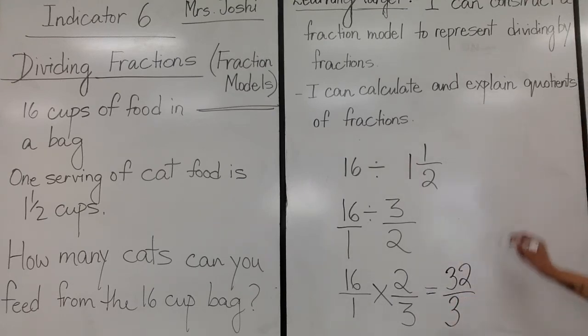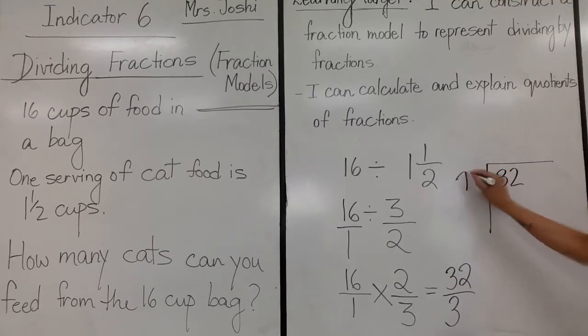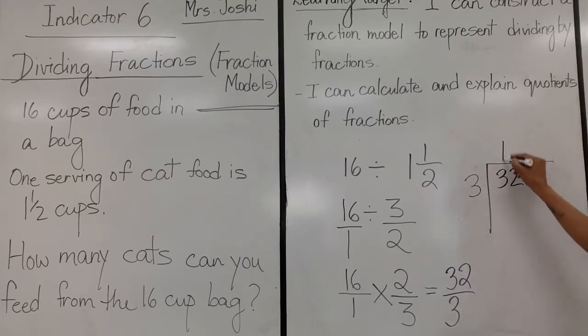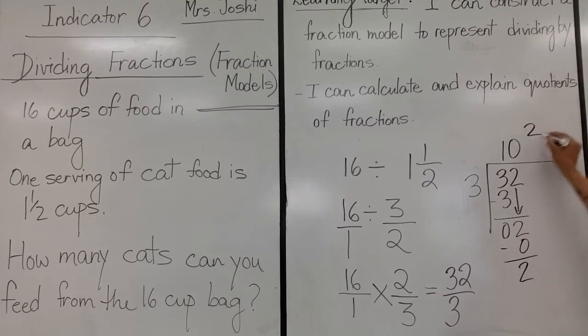And when I change this to a mixed number, 32 divided by 3: I get 1 times 3 is 3, bring the 0 down, so this is 10, all right? 0 times 3 is 0, and my remainder is going to be 10 and 2/3.